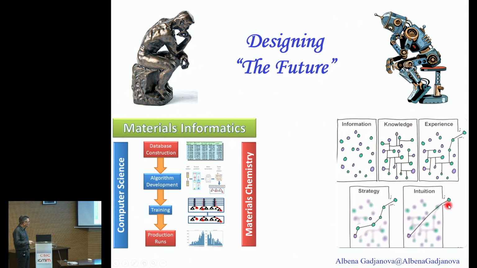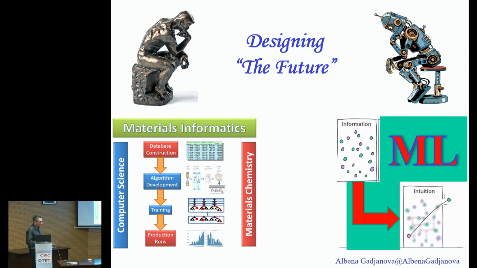And intuition is to go from here to there without actually passing all the intermediate steps. The ML is actually erasing all the different parts. You need data, and then it will produce you something. So no deep knowledge of science will be needed, and this is quite dangerous.